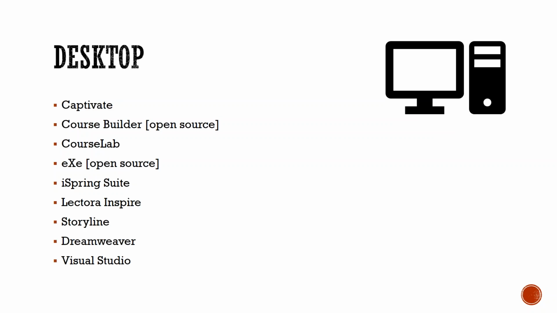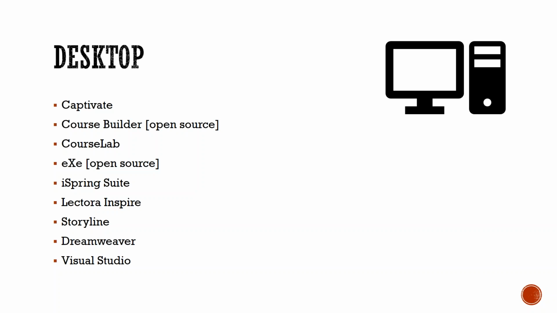As a contrast to that, another category would be desktop, and this would be what more of you might be familiar with: Captivate, Course Builder, Course Lab, EXE, iSpring, Lectora, Storyline, Dreamweaver, and Visual Studio. Those of you from a programming C# or C++ background may remember Visual Studio, which helps you compile code and probably sits behind quite a bit of applications such as Unity 3D and such.